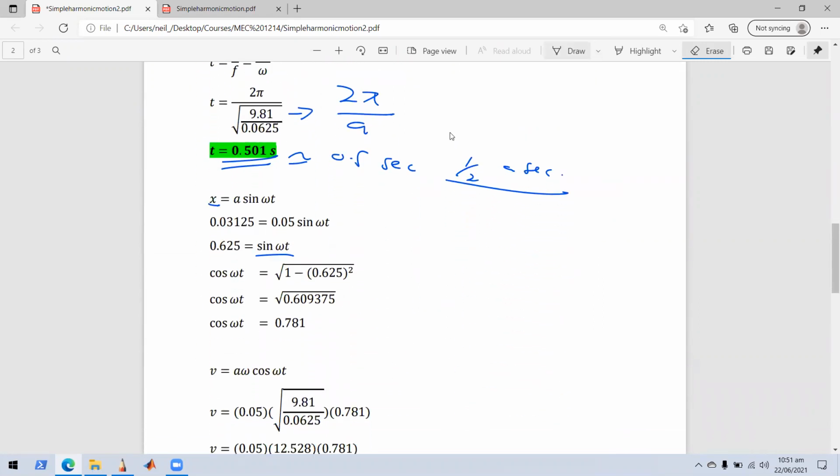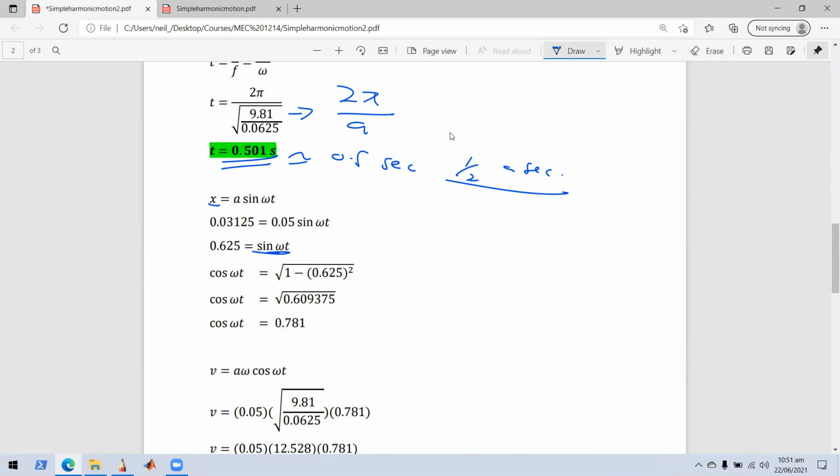Okay, so since we found sine omega t, we can use that to find cosine omega t, be it by finding the inverse sine and then taking the cosine of omega t, or using your Pythagorean identity, or a unit triangle where the hypotenuse is 1. However way you want to find it.